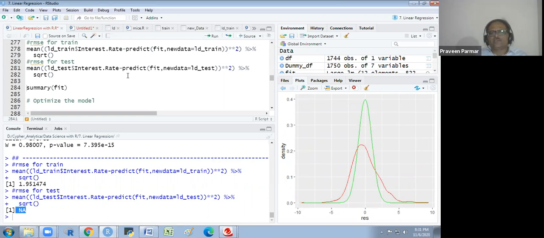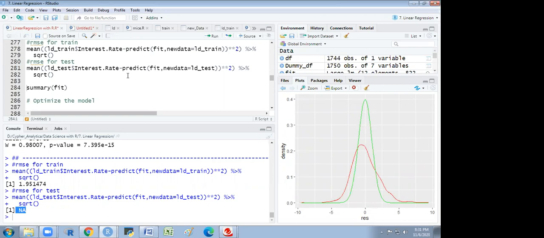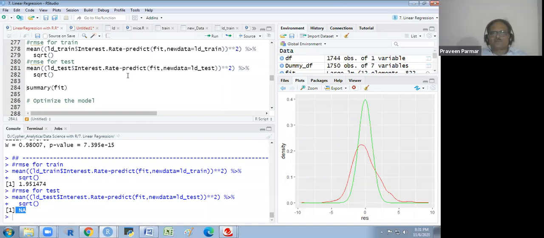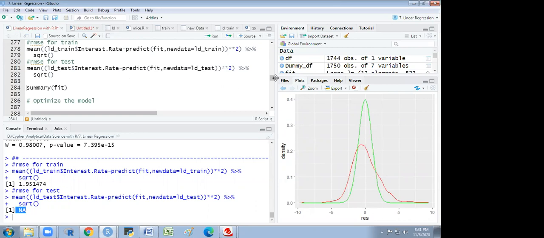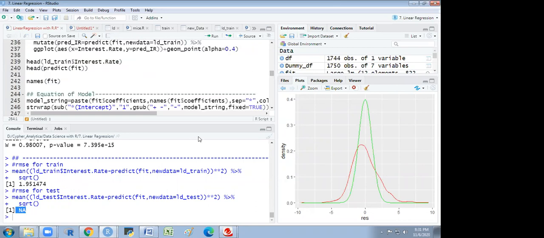We have not processed the test data. Understand? Okay. So the same process after partition we have to use for test data also. Got it? What process? I will show you.